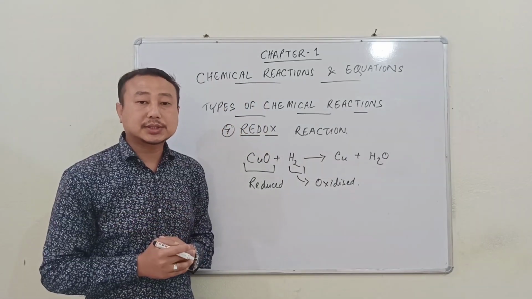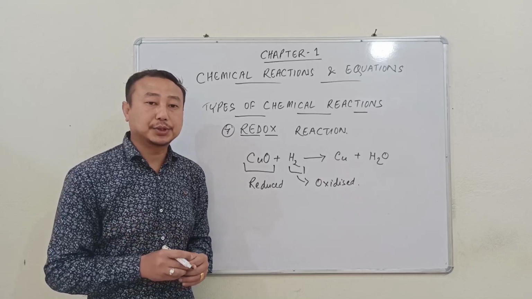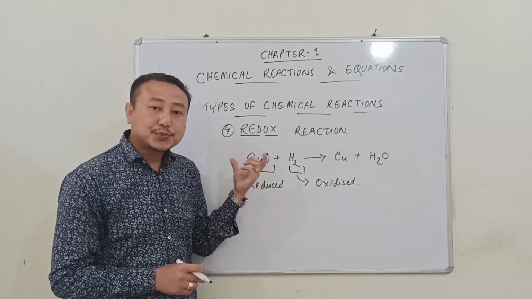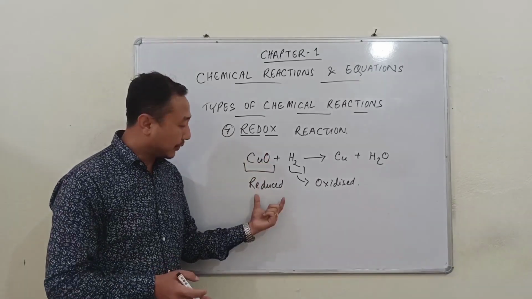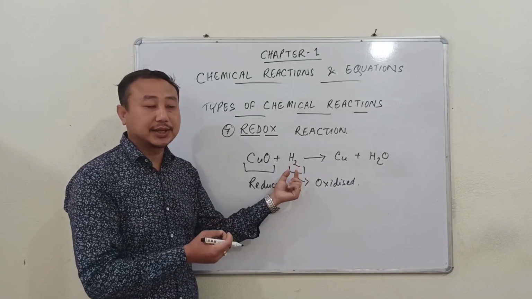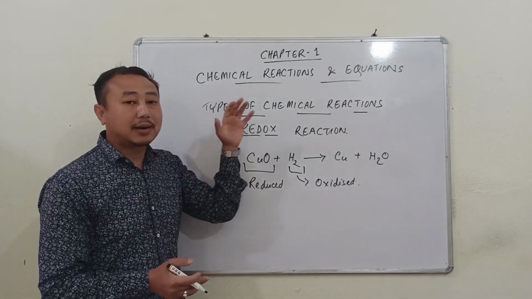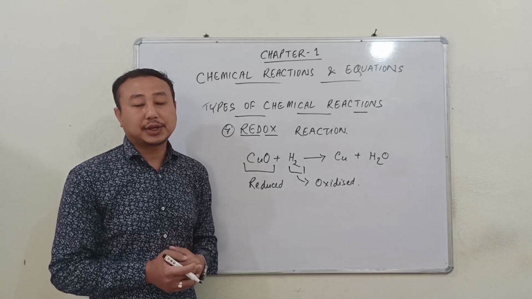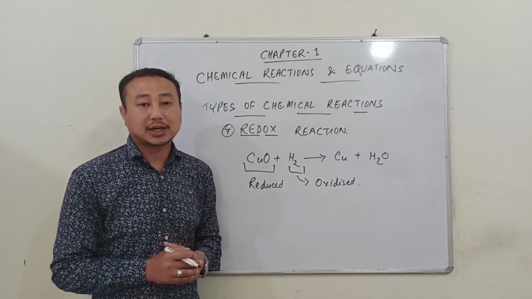So let us discuss once again which substance gets oxidized and which substance gets reduced. The substance from which oxygen is removed out, that substance gets reduced, while the substance to which oxygen is added, that substance gets oxidized. So these are the different types of chemical reactions included in this chapter that we discussed in this class.